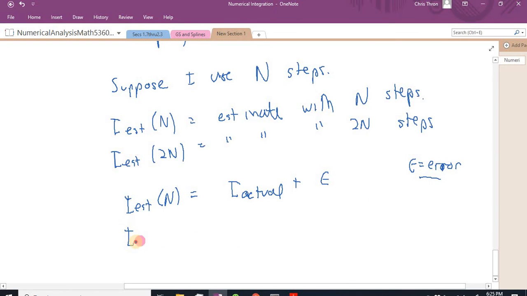Now, what about I est of 2n? What happened to the error? Okay, so now I should put approximately because it's not exactly, but roughly.